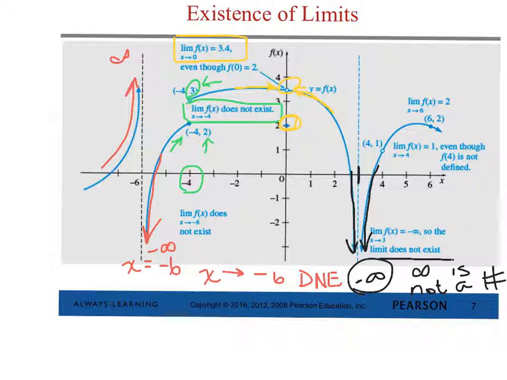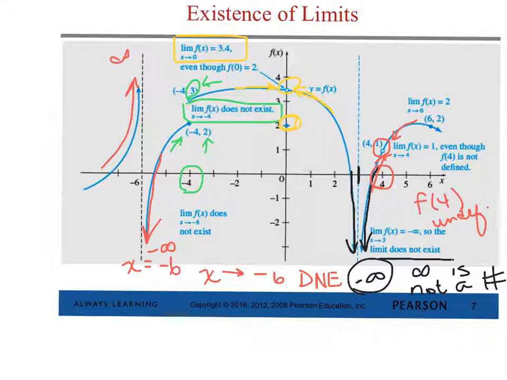Then the next thing that we'll look at is what's happening here at x equals 4, because we notice there's a hole in the function there at x equals 4. So that means f of 4 is undefined. But if you approach 4 from the left and you approach 4 from the right, those are equal.